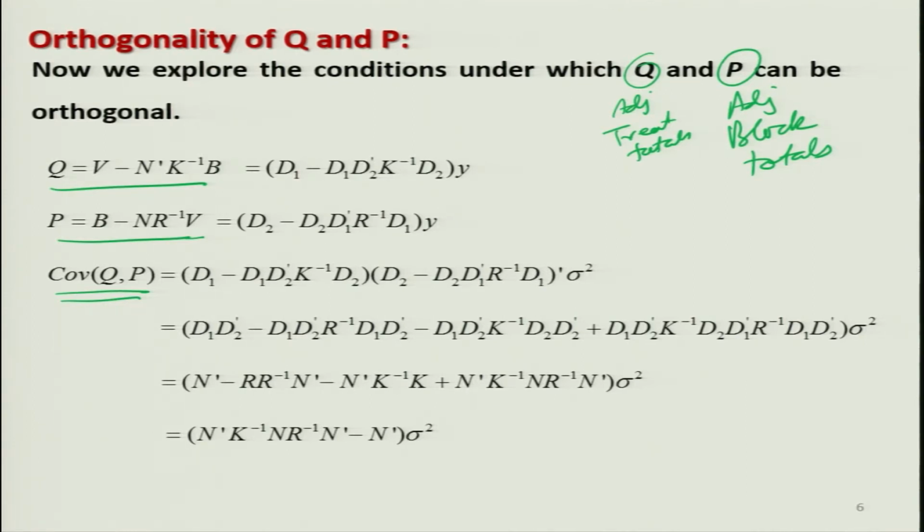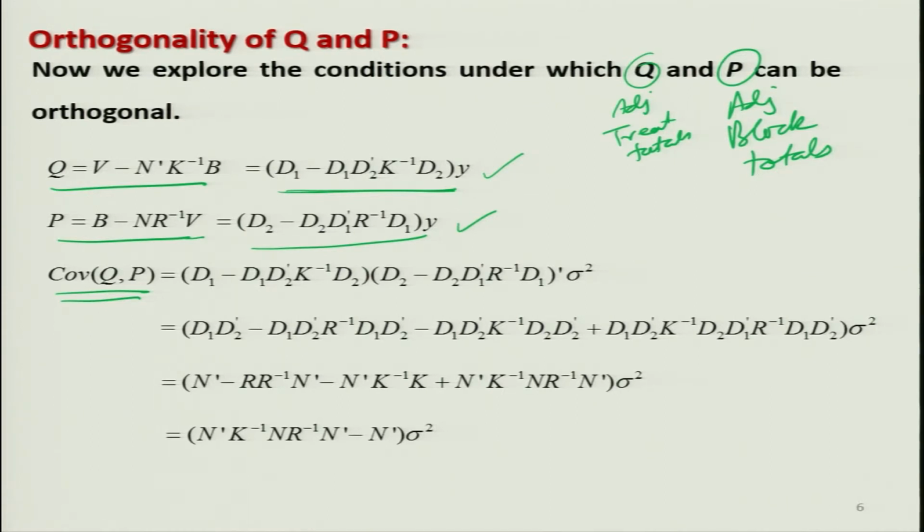Just for the sake of illustration, I have chosen the third approach that we considered in the last lecture, which is based on D1 and D2. So, I can write down Q like this, P like this, right. Now, here you have to use the same relationships that we used in the last lecture. I am not going to repeat it, but you have all the slides, you can look from there and find these expressions.